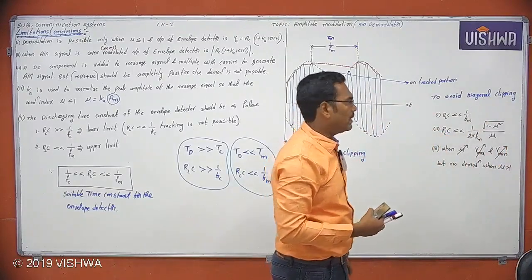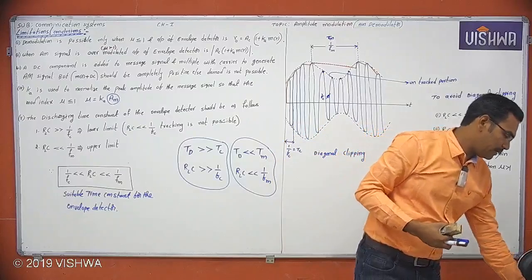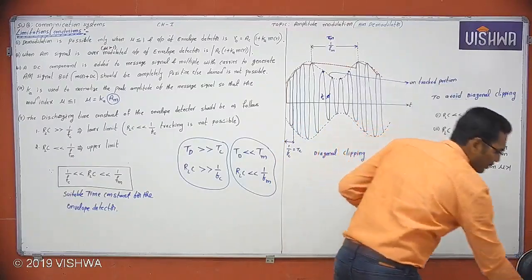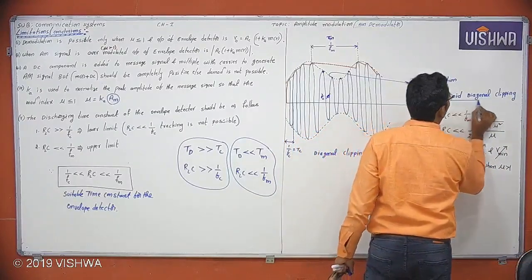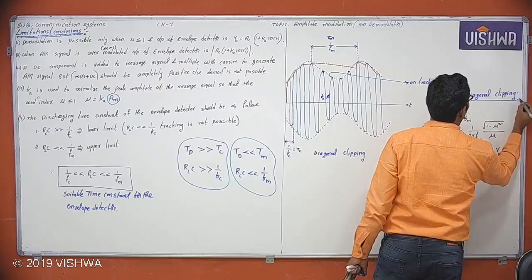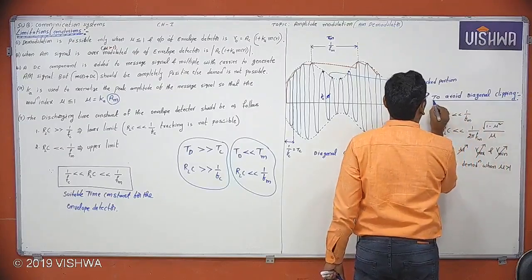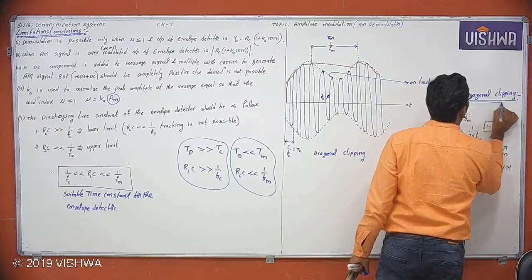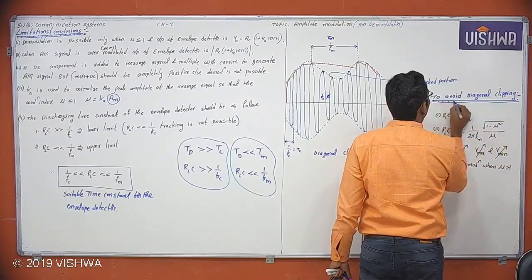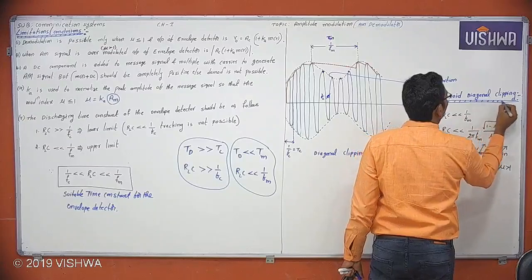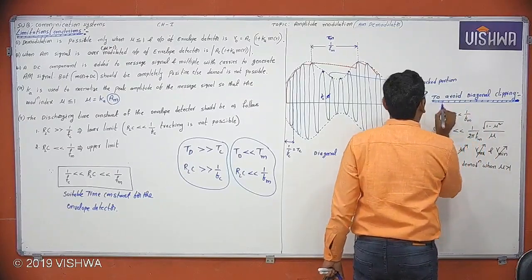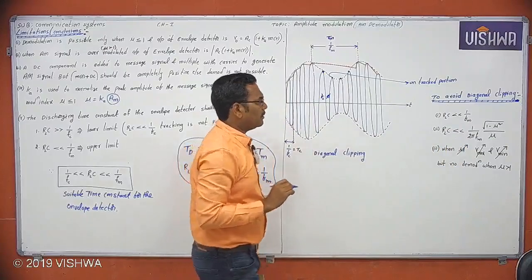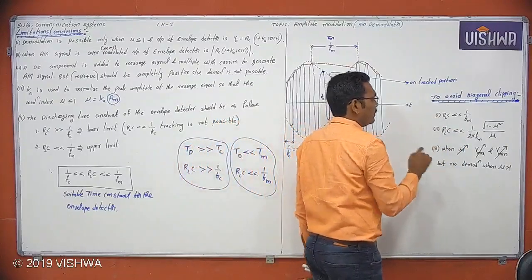Now these conditions must and should be satisfied. Now, to avoid diagonal clipping, the following conditions should be satisfied.